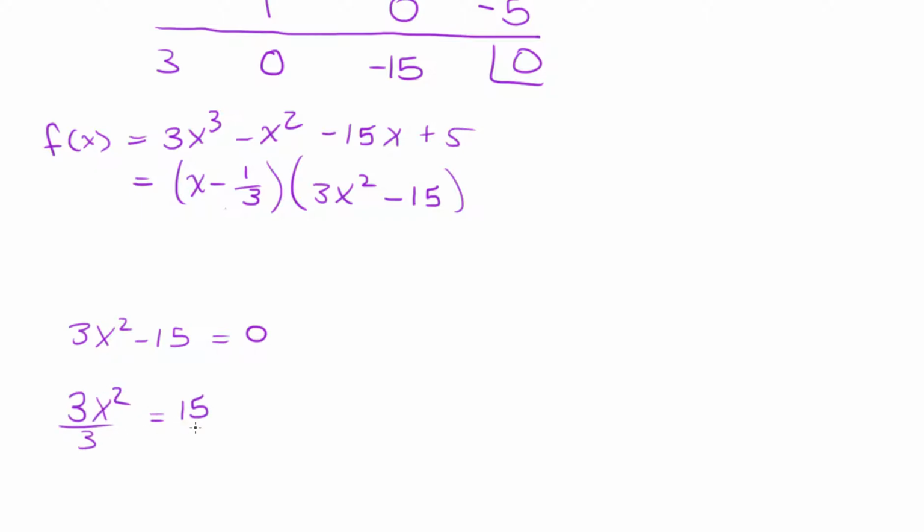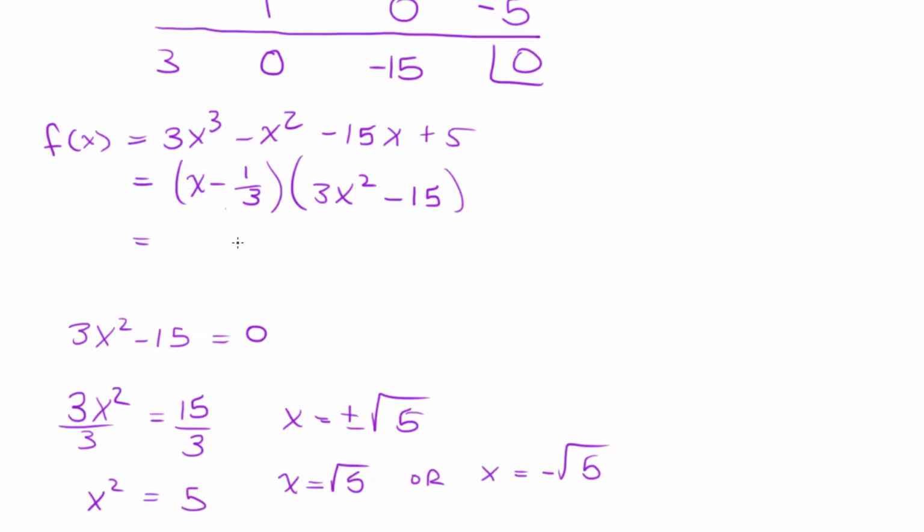You divide by 3, you get x squared equals 5. Now that means that x equals plus or minus radical 5. Okay? That means that either x is radical 5 or x is negative radical 5.